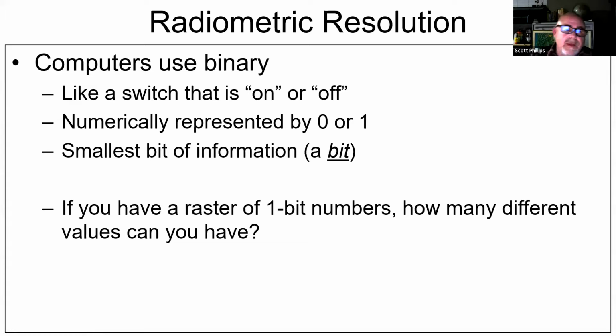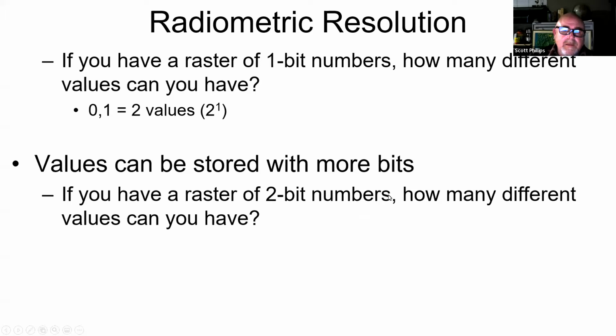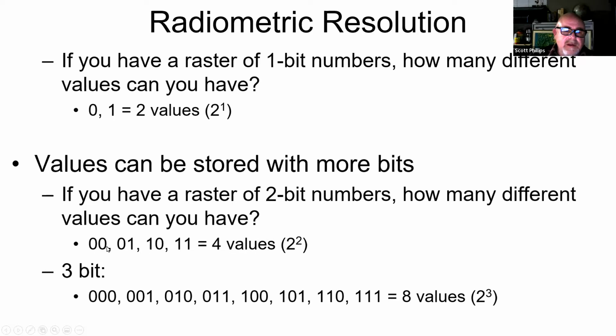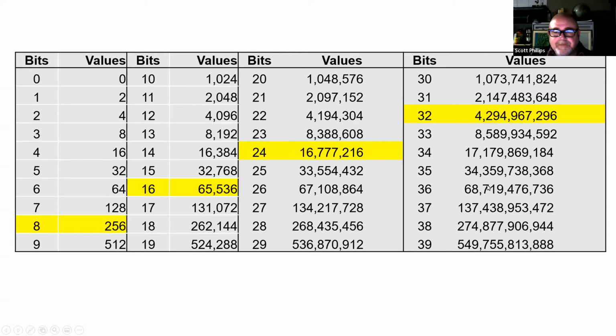And just as we talked about how computers use binary, that means it's either a 0 or a 1, that's a single bit. And if you have a 1-bit number, that means you can have 2 values, 0 or 1. If you have 2 bits of numbers, you can have 4 different values. And if you have 3 bits, you can have 8 different values. And you can scale that up.